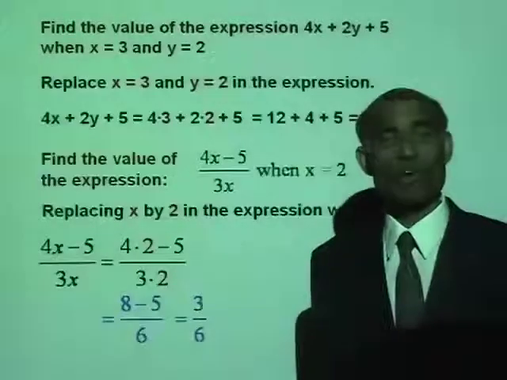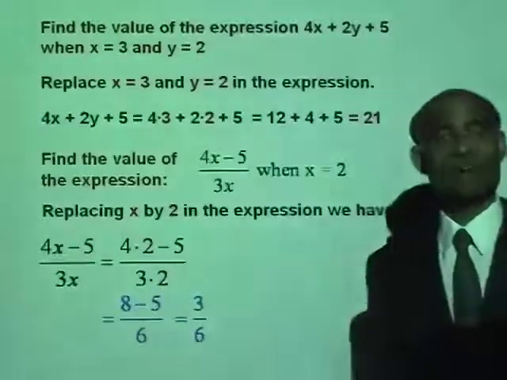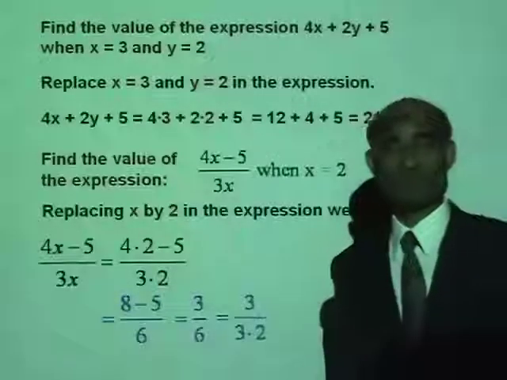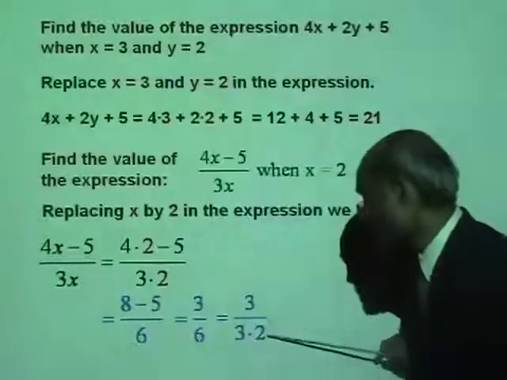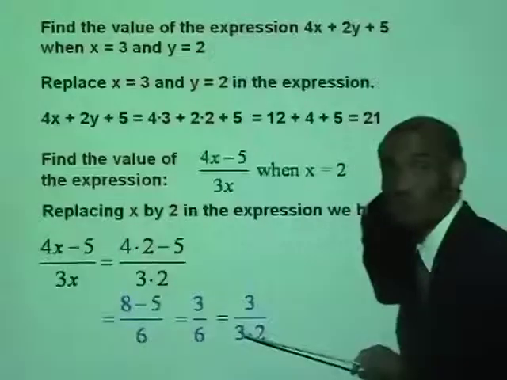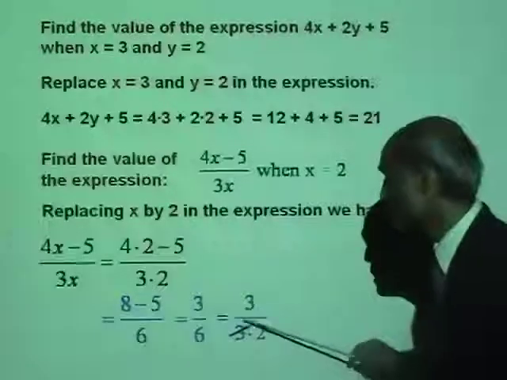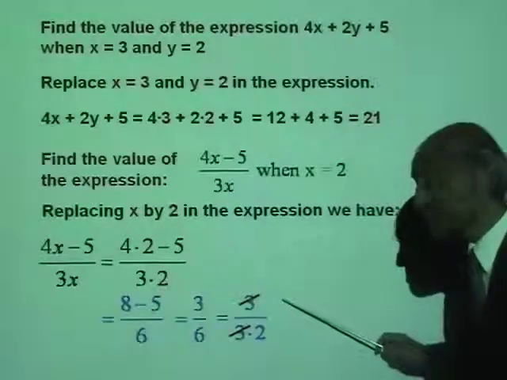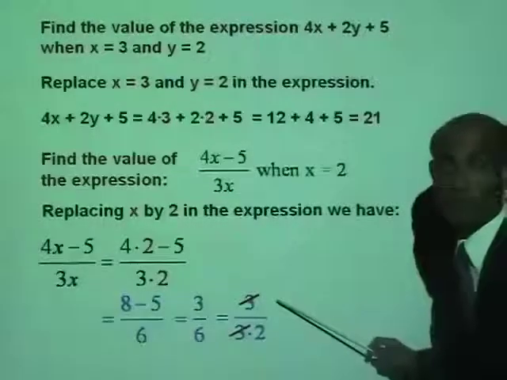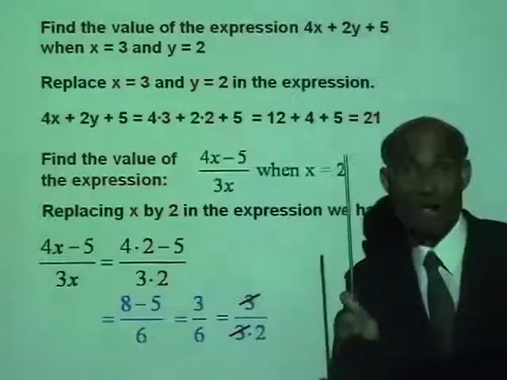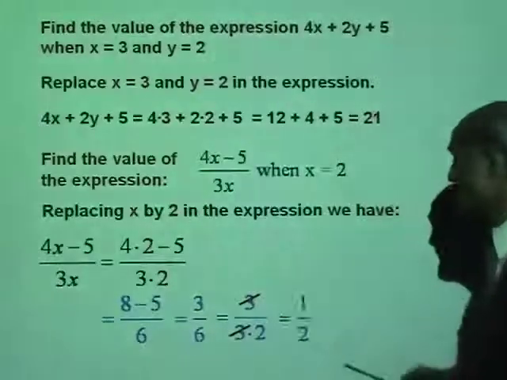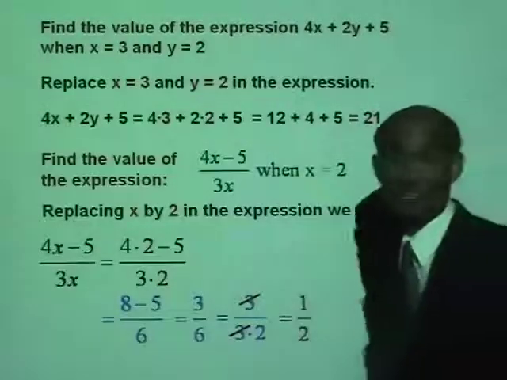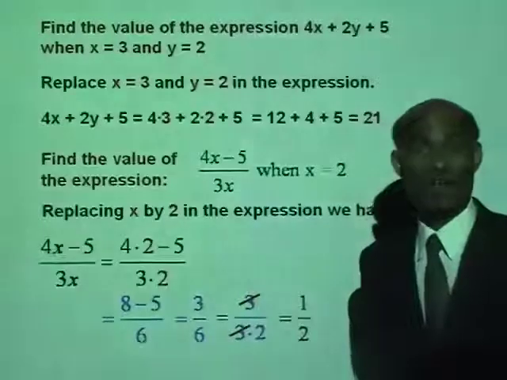What is the simplest form of 3 divided by 6? Well, 6 can be factored as 3 times 2, and we cancel the common factors. Alright, what is on my numerator now? Numerator is 1, and the denominator is 2, so the answer is 1 over 2.